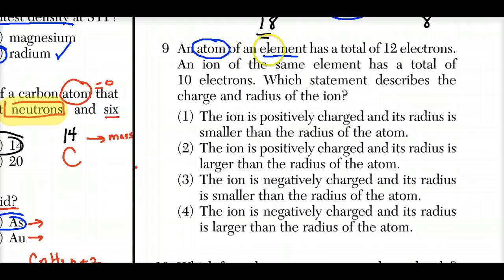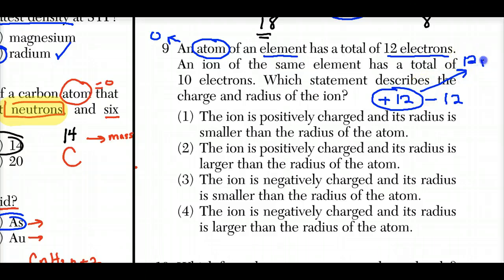If I'm an atom with 12 electrons, that's -12 outside the nucleus. All atoms are neutral, so they have a charge of 0. They would have to have +12 in the nucleus, and the only thing in the nucleus that's positive is protons. So there are 12 protons.